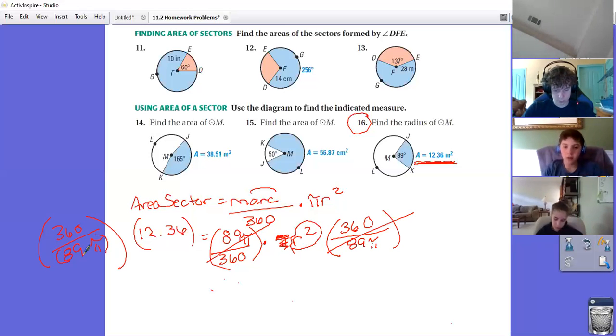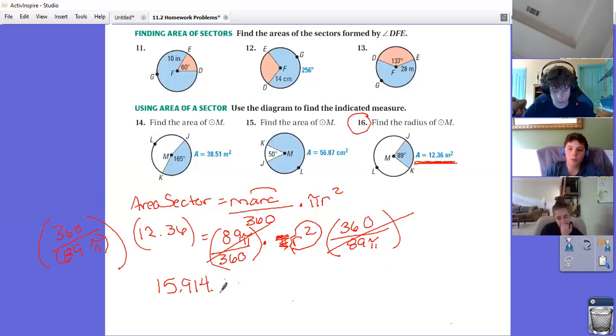I kind of did mine all at once, times 12.36. That's about 15.914, which is equal to r squared.